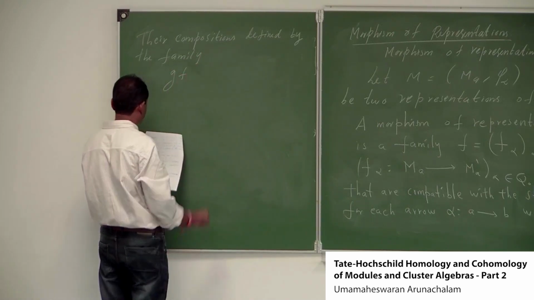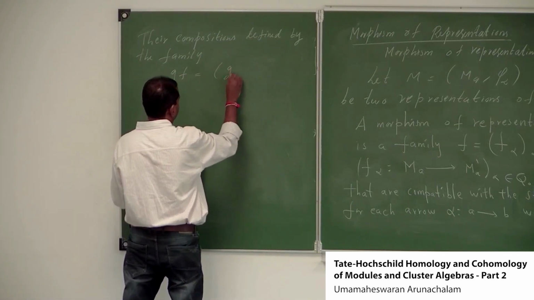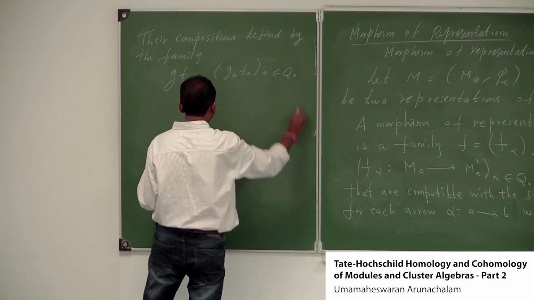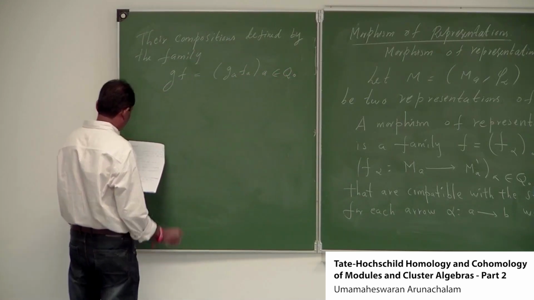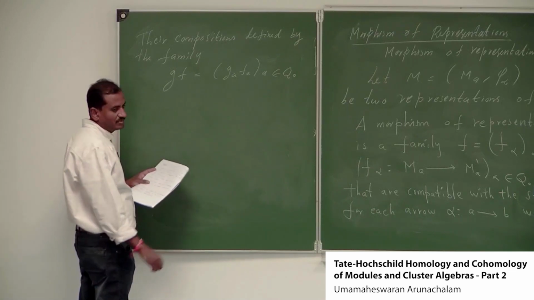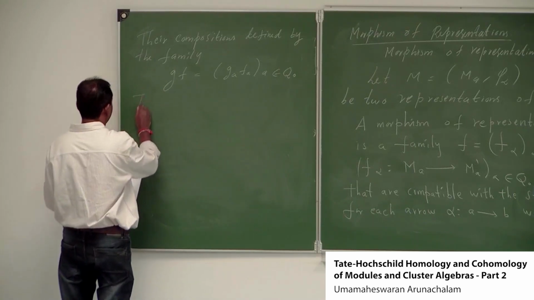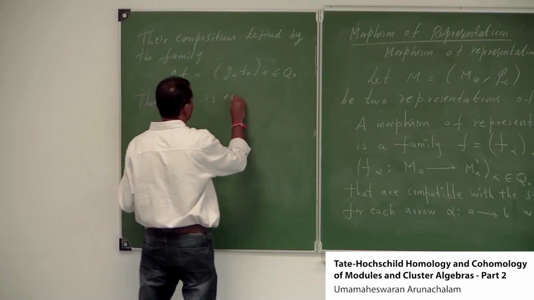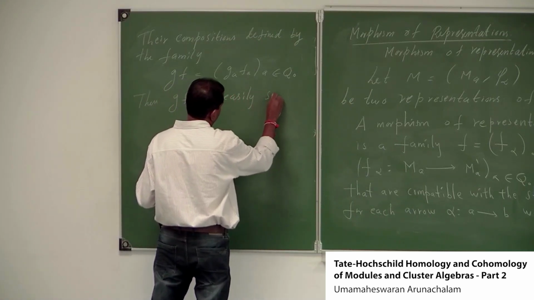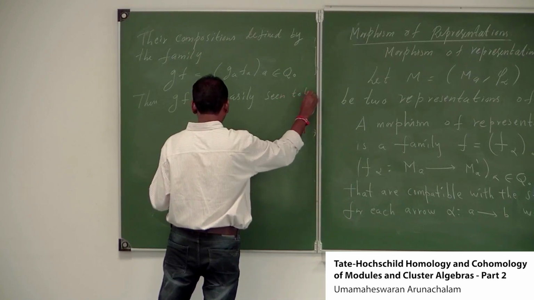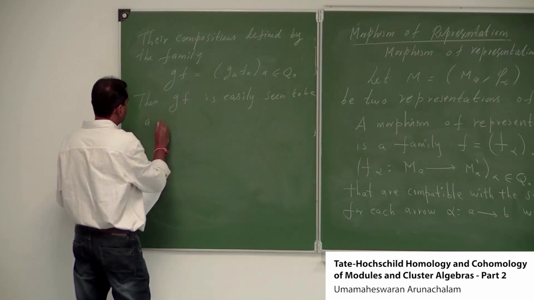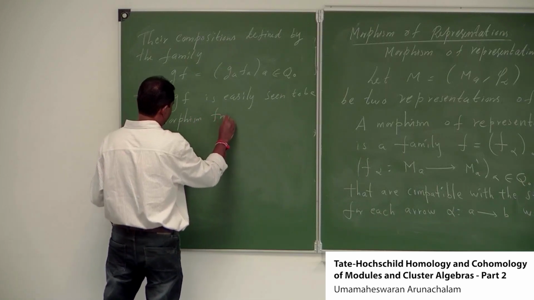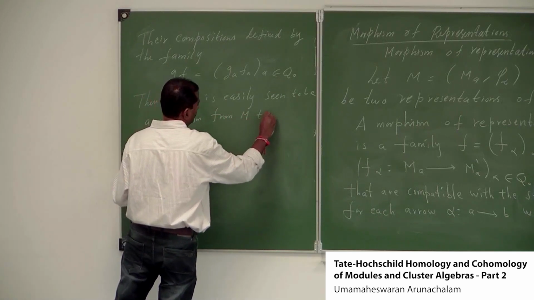Composition of g and f, gf, is the family of g_a f_a such that a belongs to Q naught. Like that we are defining. Then gf is easily seen to be a morphism from M to M double dash.